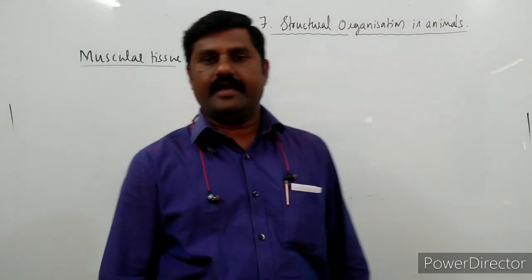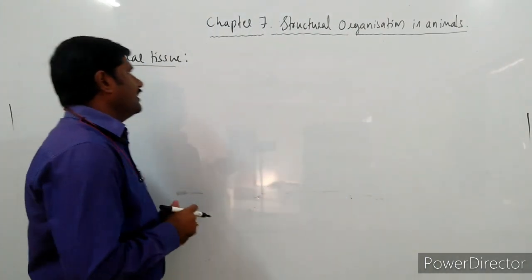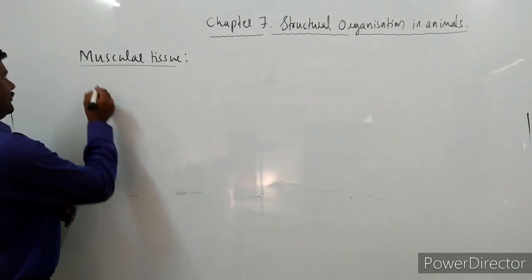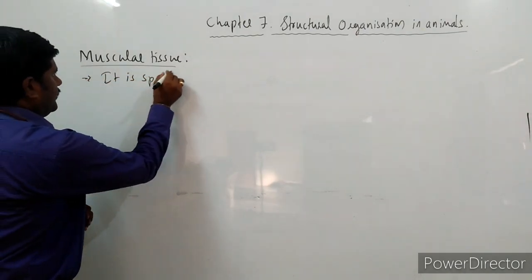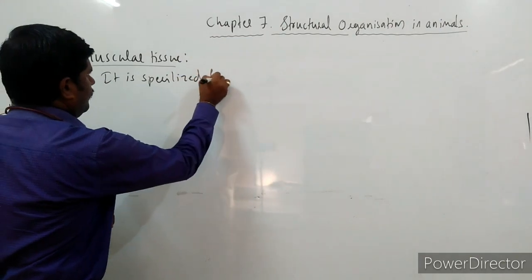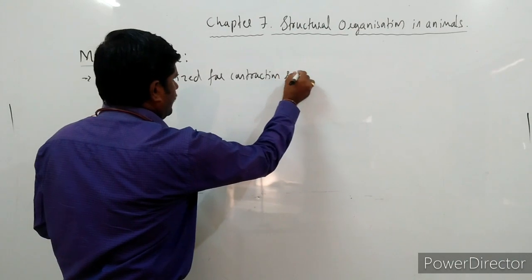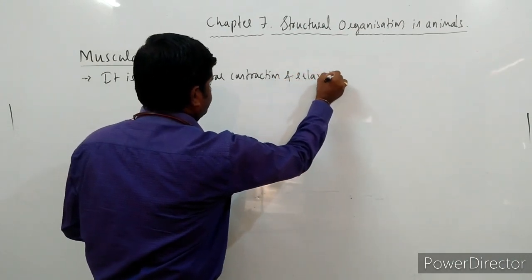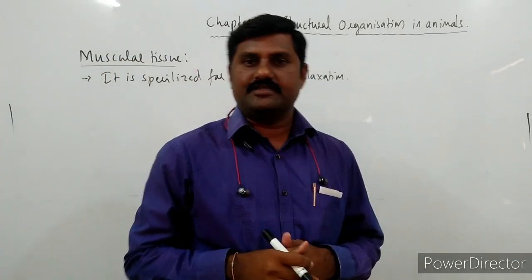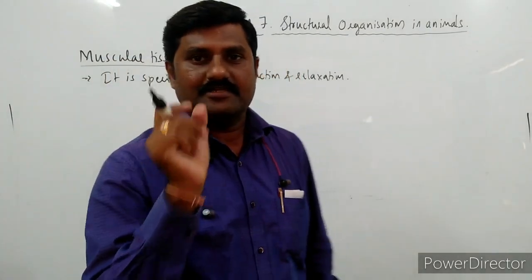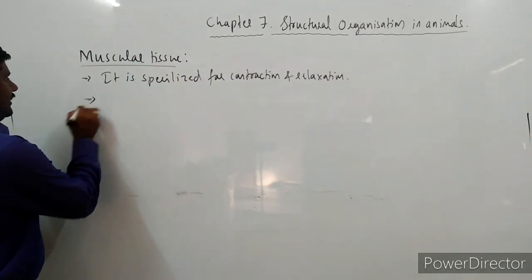Muscular tissue, right? So this muscular tissue is specialized for contraction and relaxation, right? So it has very important characteristic features. What are those characteristic features of this muscular tissue? Basically, let us know.